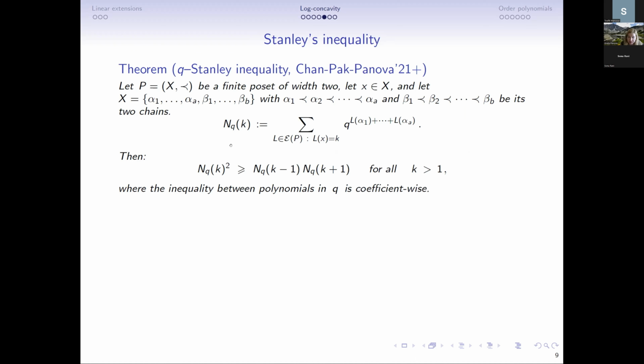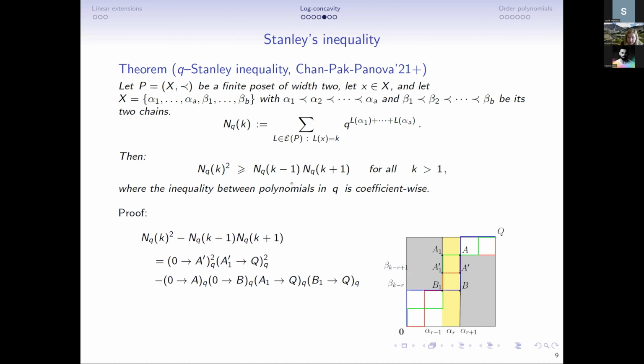So we actually have an inequality for this Q polynomial. So the inequality is coefficient-wise. So if we expand this as a polynomial in Q and this also is a polynomial in Q, the coefficients here are greater than or equal to the coefficients here. And so here is how the proof works.